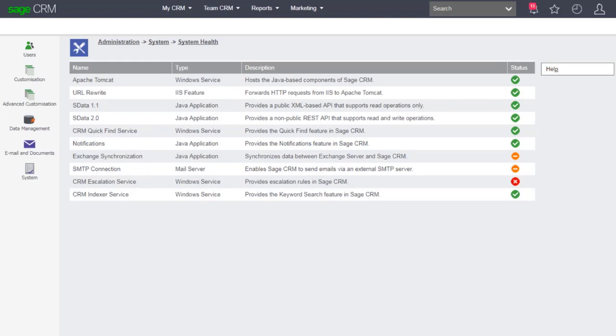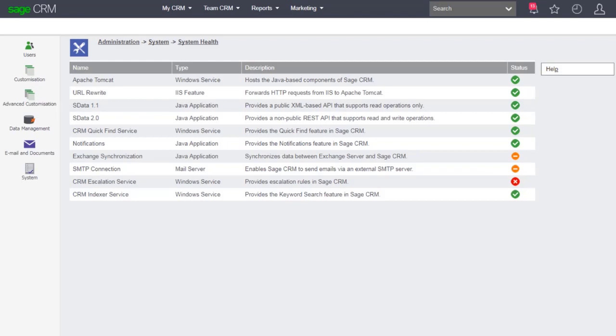Here you can see the administration system health page, which is able to diagnose whether the Apache Tomcat part of the application is working correctly, whether the SData and SData 2.0 APIs, which are the REST-based APIs, are working correctly, or whether some of the Java Tomcat web apps, like the Exchange synchronization, are running or not.